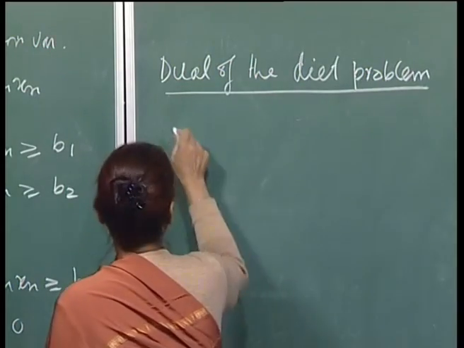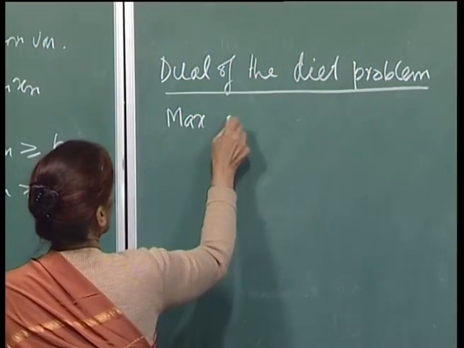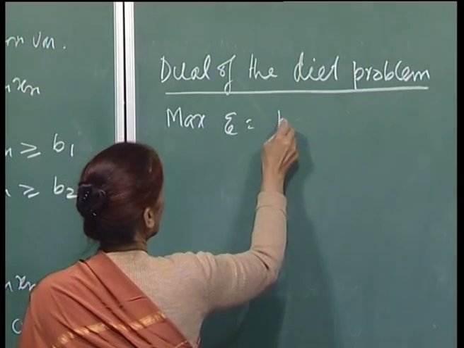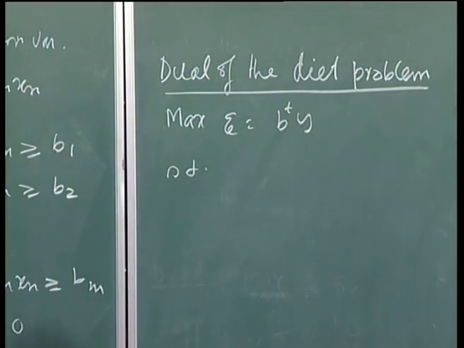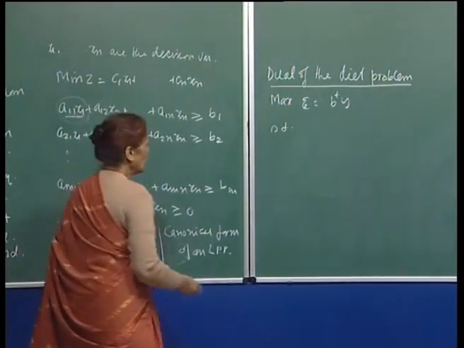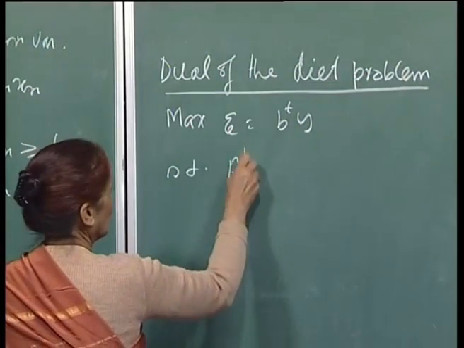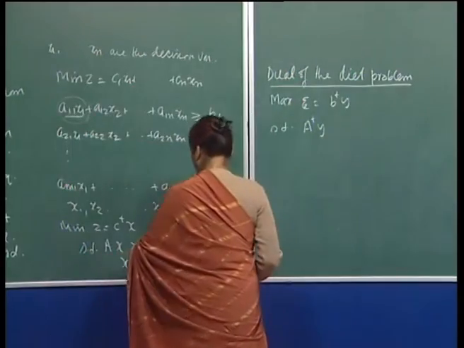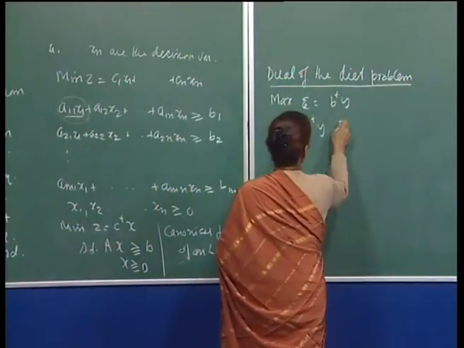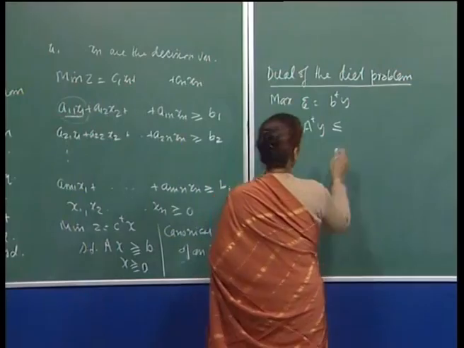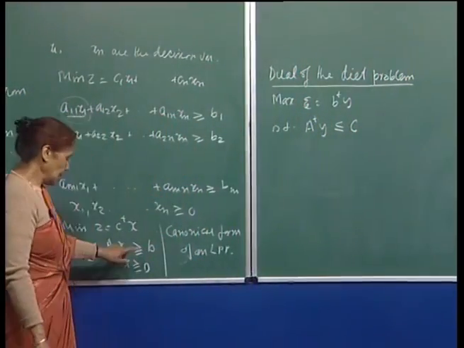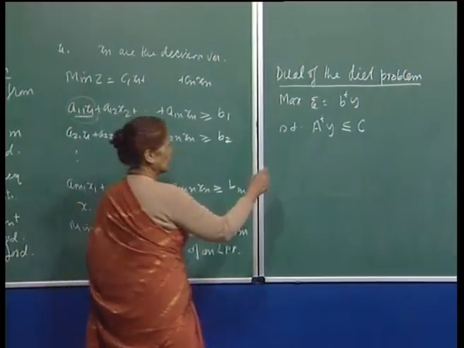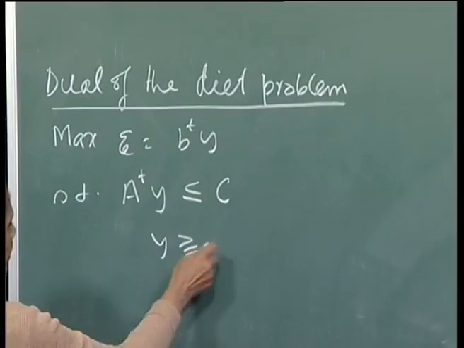This would be maximize psi equal to B transpose y subject to A transpose y, simply take the transpose, less than or equal to C, remember, because you do not have the m bar and n bar inequality constraints. So, you have y greater than or equal to 0.